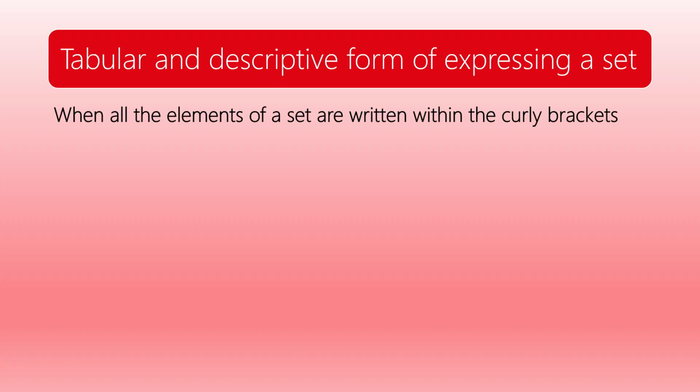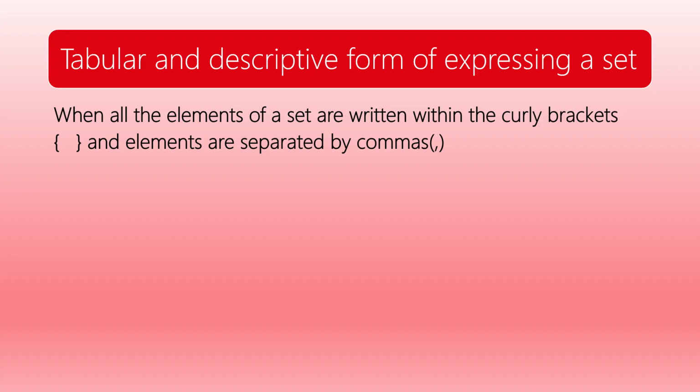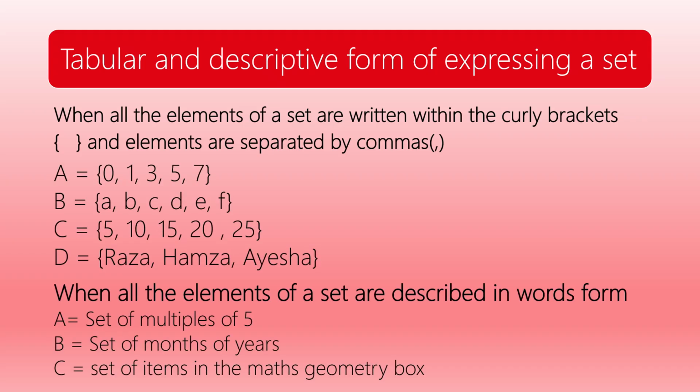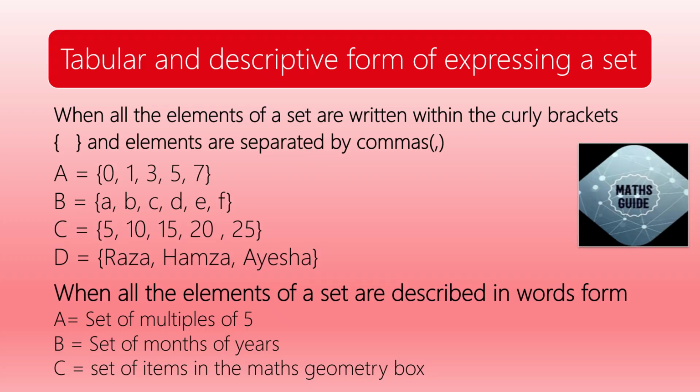When all the elements of a set are written within curly brackets, and elements are separated by commas, it means you have written the set in tabular form or roster form. And when all the elements of a set are described in words, they are written in descriptive form.